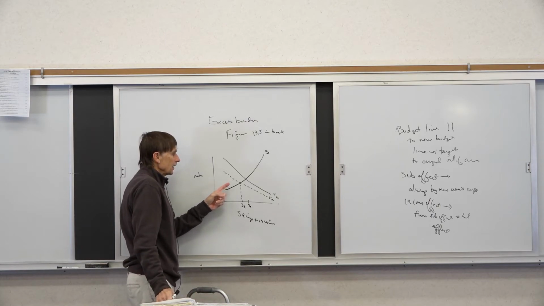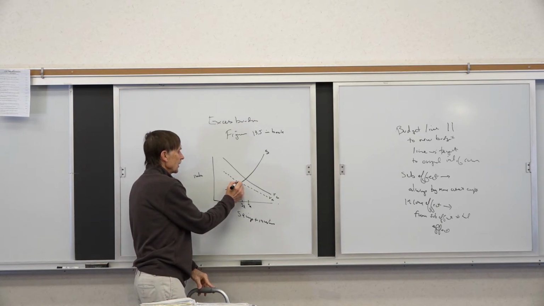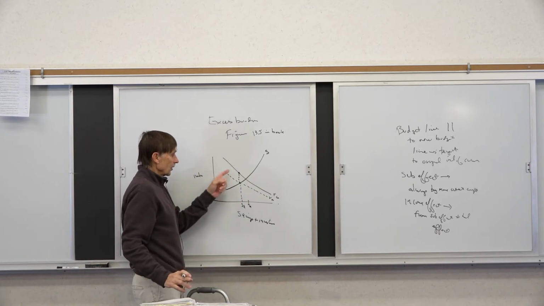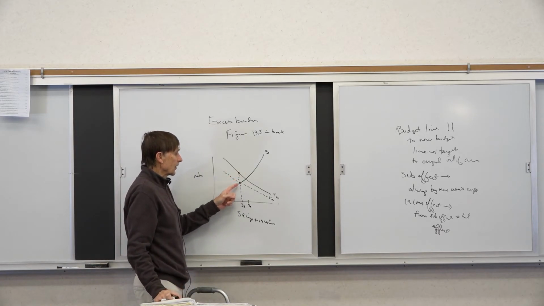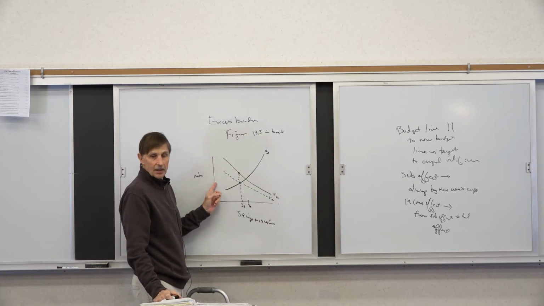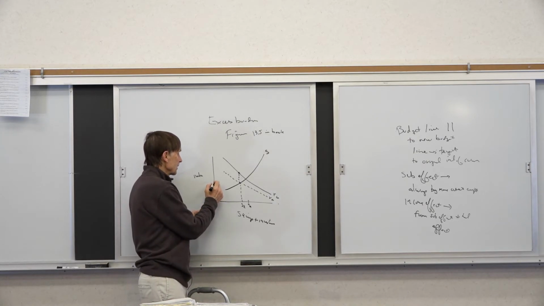What's happened here is that you're going to have this amount of savings being provided at this interest rate, right? This is R2, and this was R1.